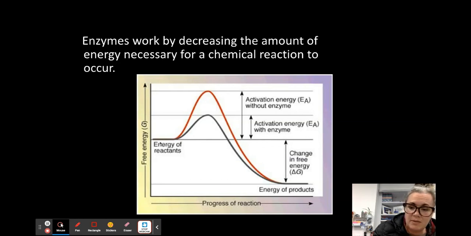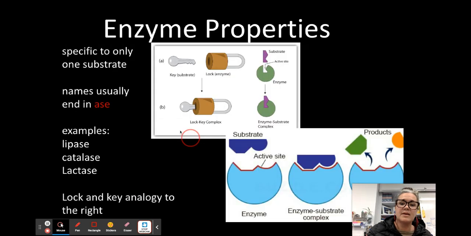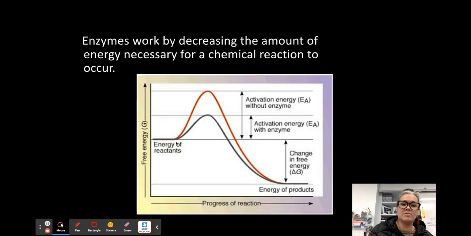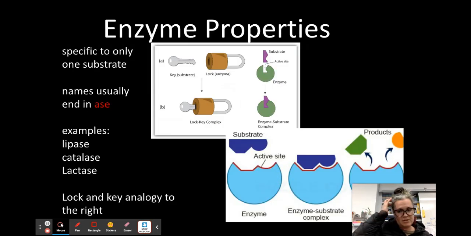If a chemical reaction takes a high amount of free energy, this is why cooking substrates often will help break them down. You can cook sucrose, or you can use an enzyme in your digestive tract, and that would require a little bit less free energy in order to get the reaction to take place.